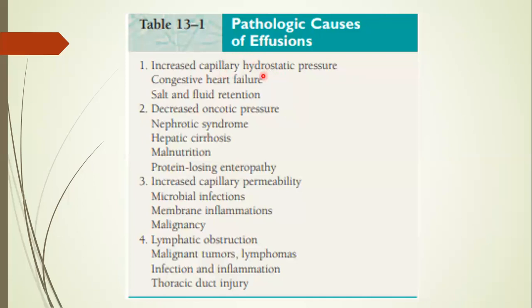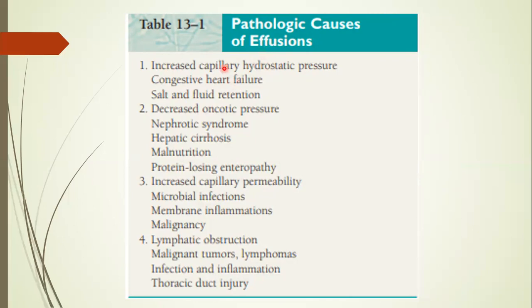The capillary hydrostatic pressure, capillary oncotic pressure, and tissue oncotic and hydrostatic pressure. Now, any abnormalities of those maintaining pressures would result in the formation of effusions, or an excess accumulation of your serous fluid in the different serous body cavities.